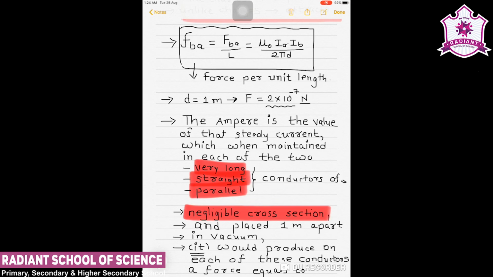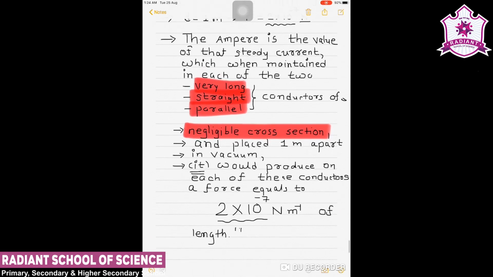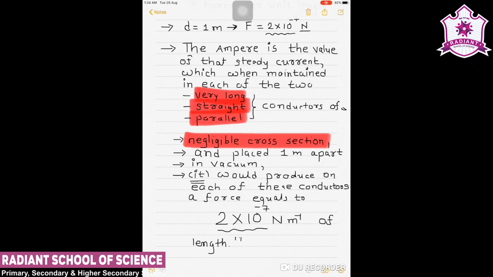That means in the above equation, if d is equal to 1 meter, and we put all the values, we will get the force about 2 into 10 raised to minus 7 newton per meter of its length. Then the current passed through the wires would be 1 ampere.